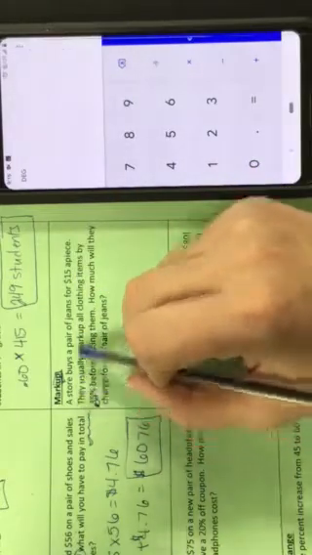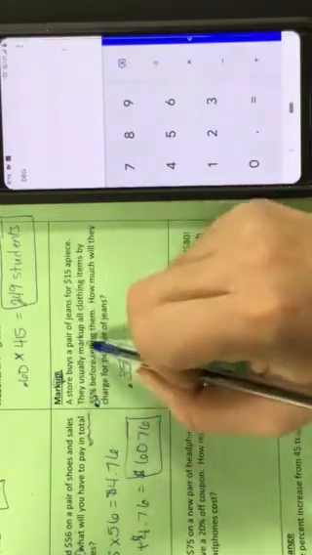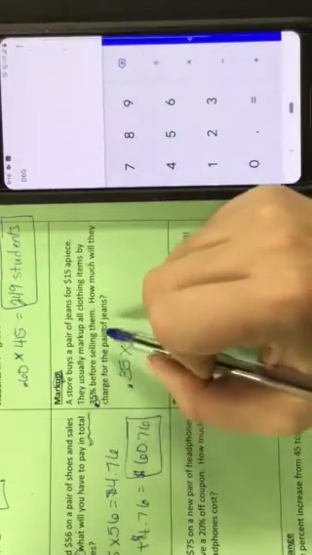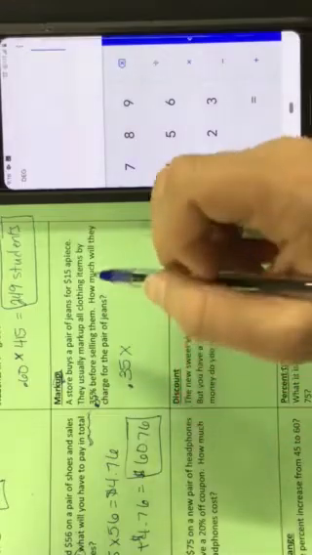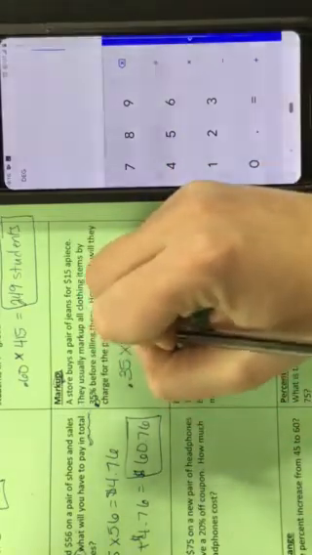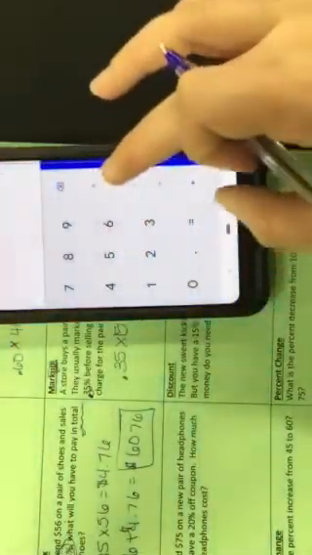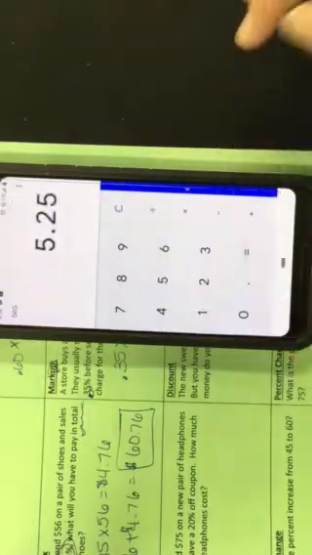This is a markup, so a store is buying the jeans for $15. They mark up the clothing by 35%, and then they sell them. So the question is, how much are they going to charge us as the customer for it? Okay. So 35% times 15 equals $5.25.